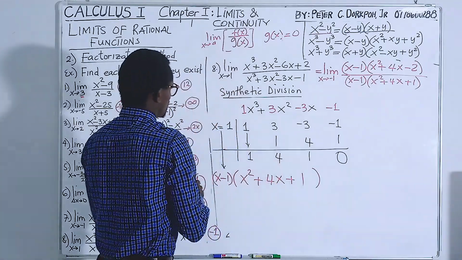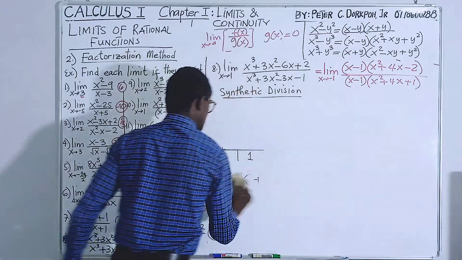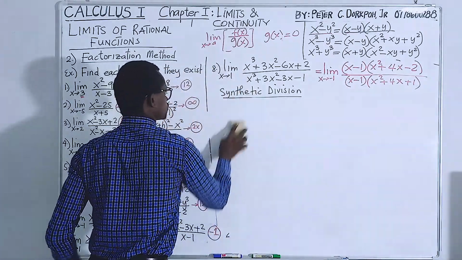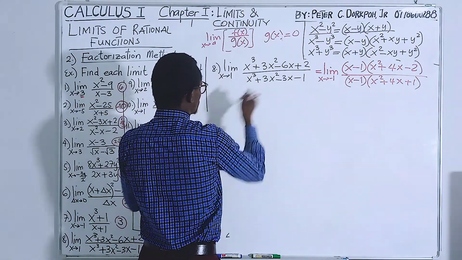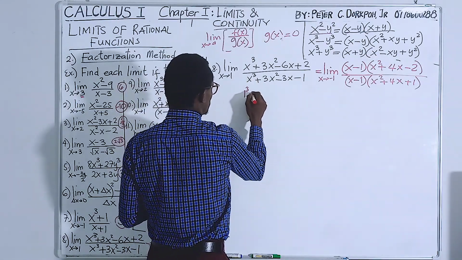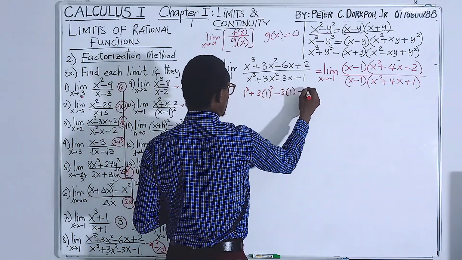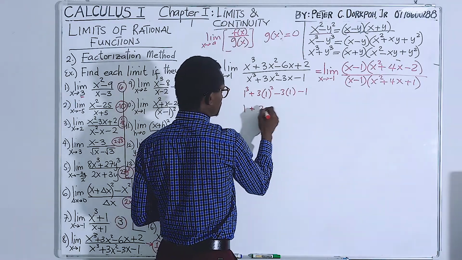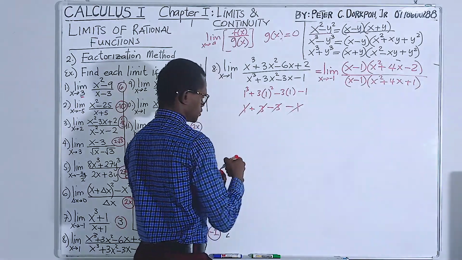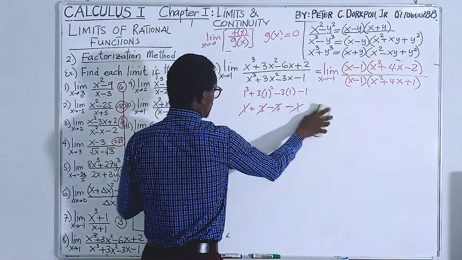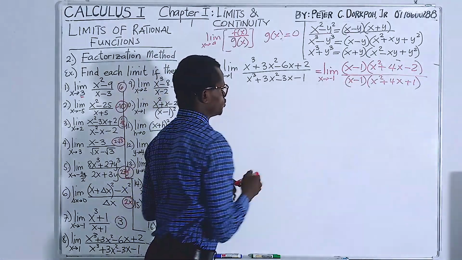So you see, what was allowing the denominator to go to 0 has now been exposed. Because look here, if we were to just use direct substitution, right? If we put 1 there, it is 1 cubed plus 3 times 1 squared minus 3 times 1 minus 1. So this is just 1 plus 3 minus 3 minus 1. Then this cancels, then this cancels. So you see that? We cannot use direct substitution. So that was the reason why we use this one.